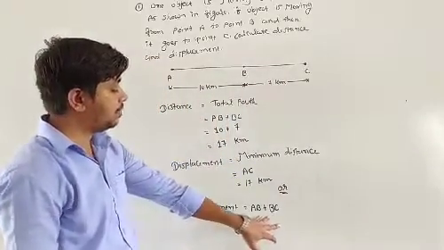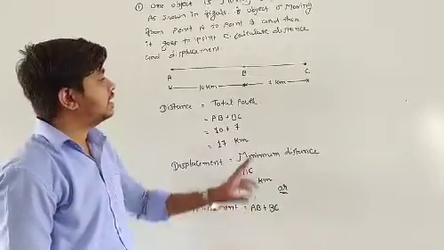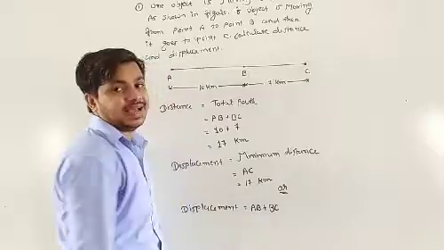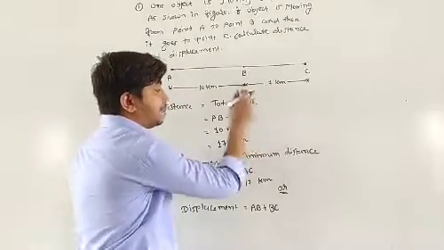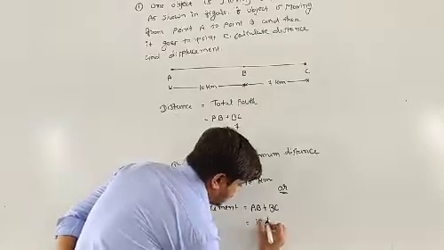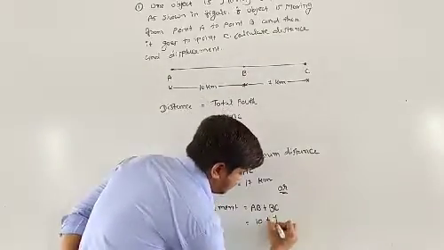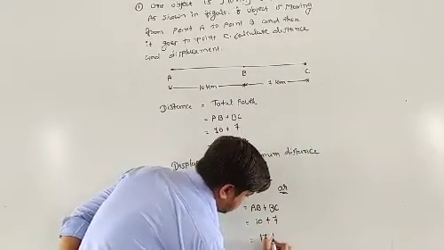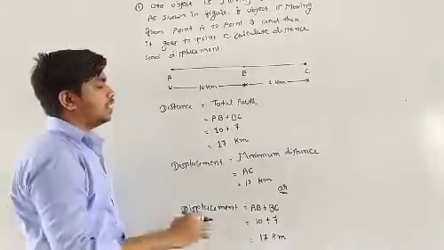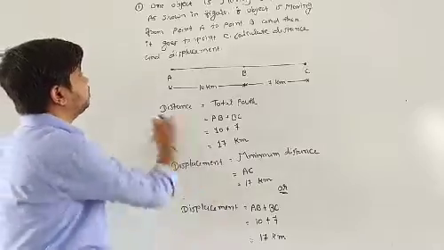So A to B plus B to C. There is no return path here, so you take both of them as positive. If it runs back, then you take it as negative. So 10 plus 7 becomes 17 kilometers. Like that, you can calculate this sum.